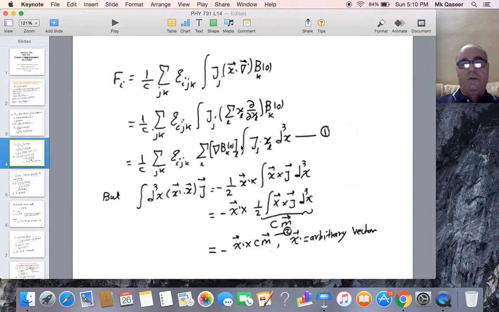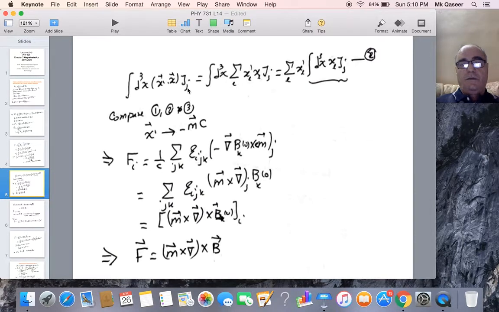We already worked this out in the previous lecture. We found that the integral of d3x prime J x_j is given by this expression, which is minus x prime cross c, the speed of light, times the magnetic moment m. Here x prime can be any vector, it's an arbitrary vector.